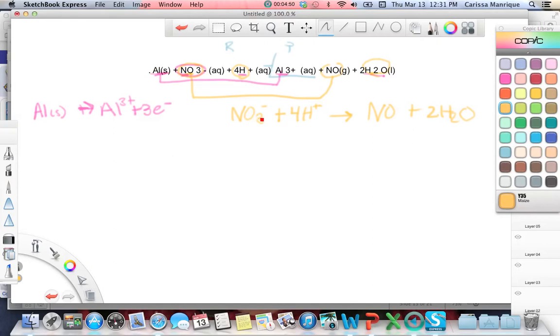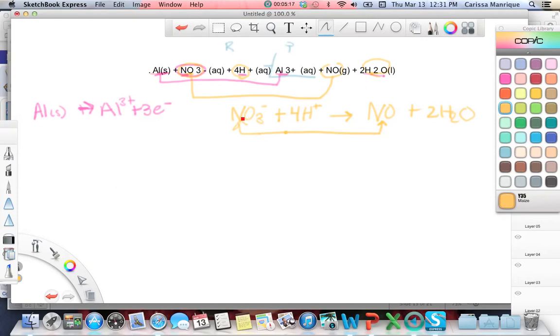I have 3 oxygens, 4 hydrogens, 1 nitrogen. So when you have this all here, it should be mass balanced. So let's just look at the charge where the electrons go. Oxygen always will have an oxidation state of -2, and hydrogen will always have one of +1.